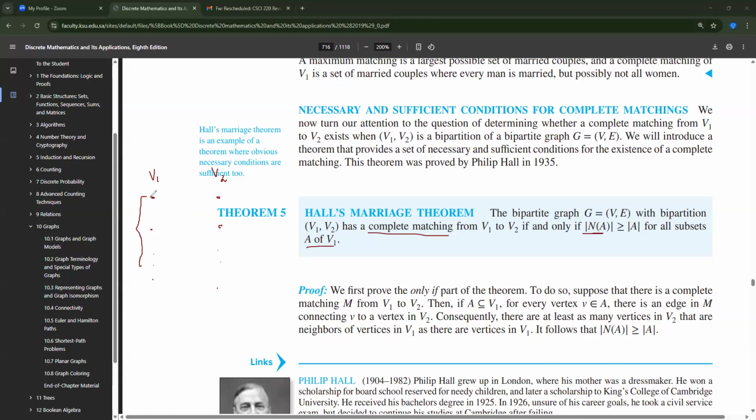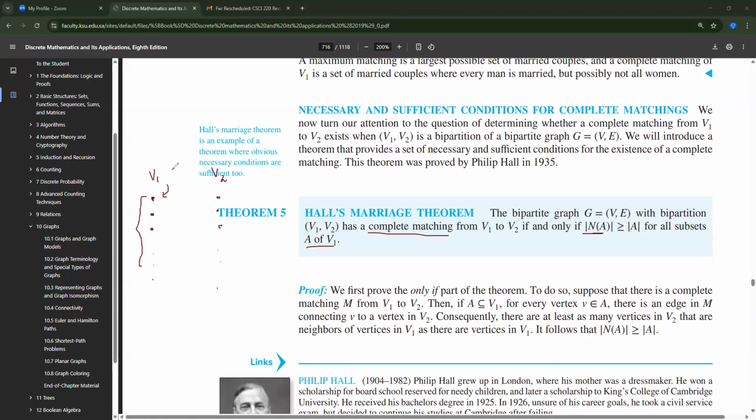So basically what it's saying is regardless of however many men I choose, each of these men has a preference, like they're willing to marry some woman.